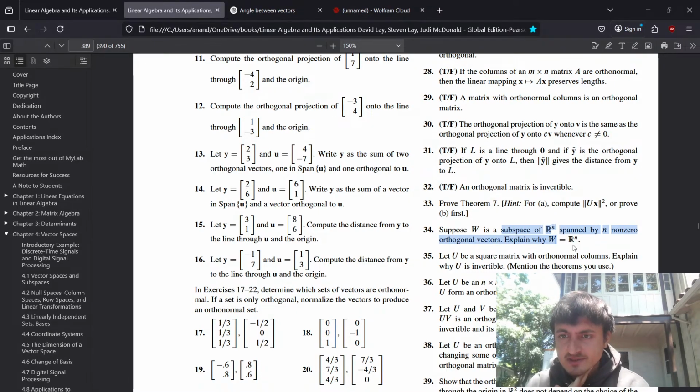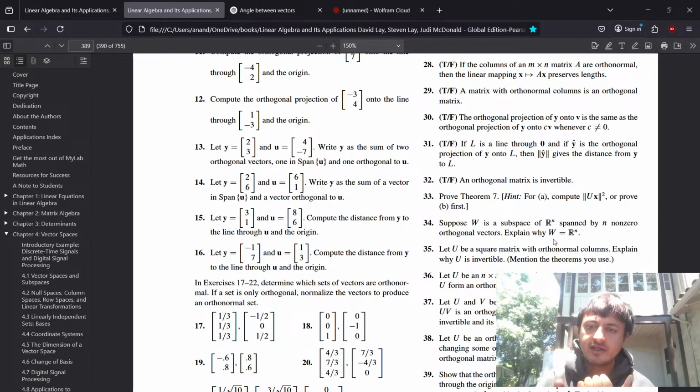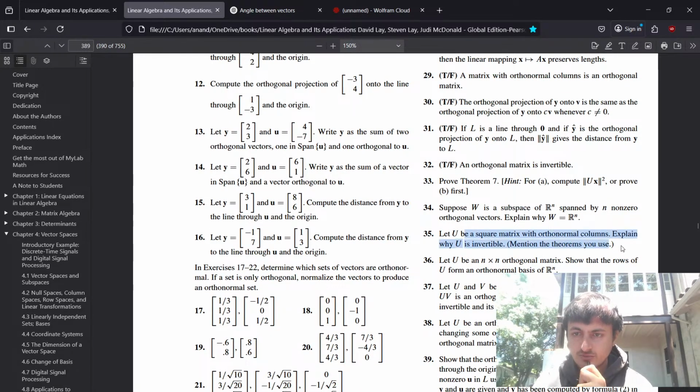Suppose W is a subspace of Rn spanned by n non-zero orthogonal vectors. If they're all orthogonal, then they're all independent. And there's just a theorem that says if you have n independent vectors, then it spans the thing. So that's fine. Let U be a square matrix with orthonormal columns.